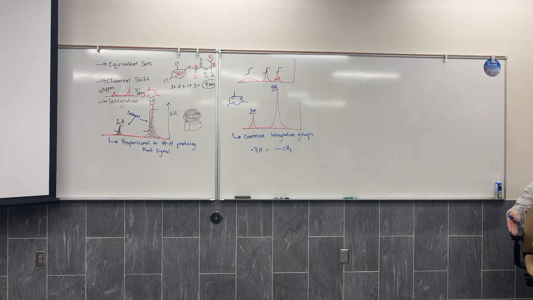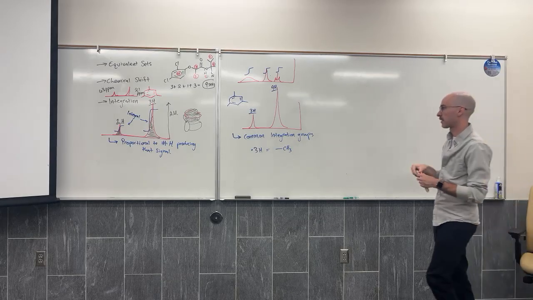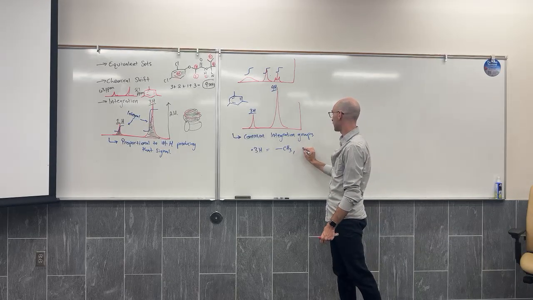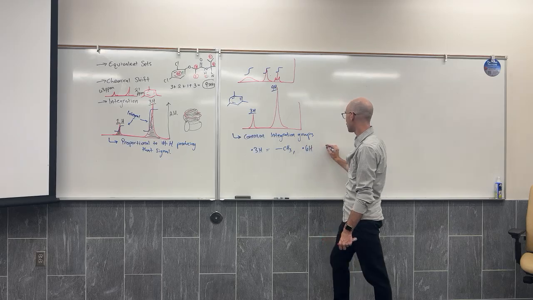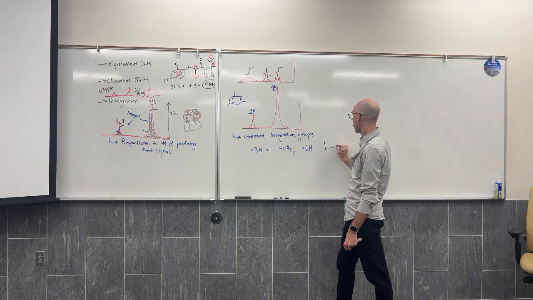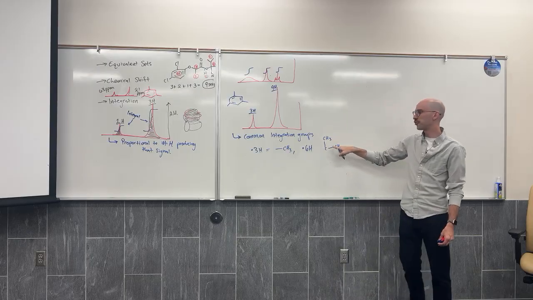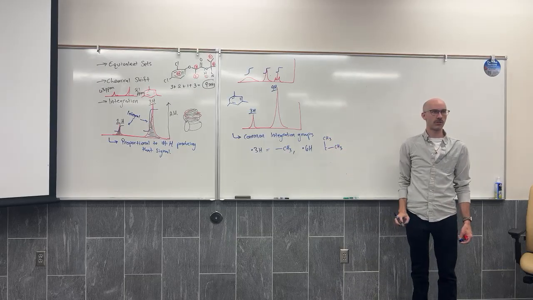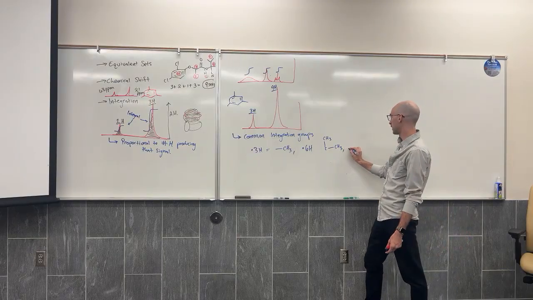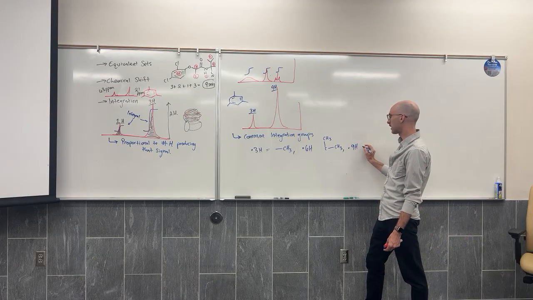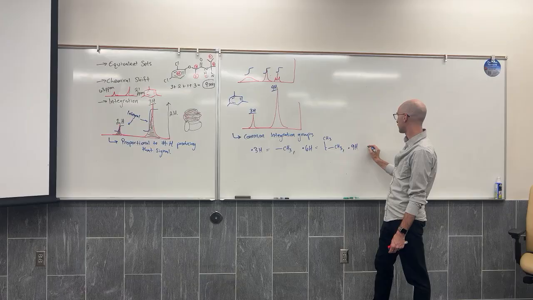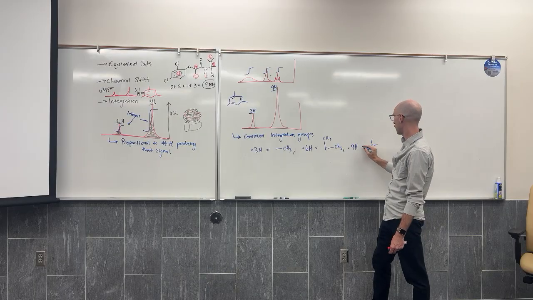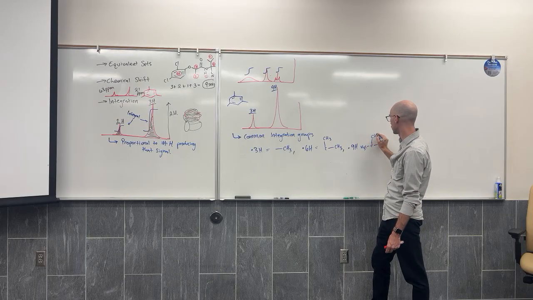It's actually from 3 equivalent CHs. If we see something like 6H, then we can expect to find 2 equivalent CH3s. If we see something like 9H, then we can expect to see something like 3 equivalent CH3s.